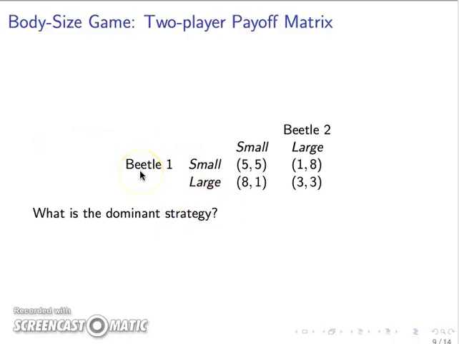And while an individual doesn't make the choice of which body size the individual will have, when you look at this scenario on the time scale of an evolutionary biological process, then individuals in the population may come up with one phenotype or the other one due to random chance.